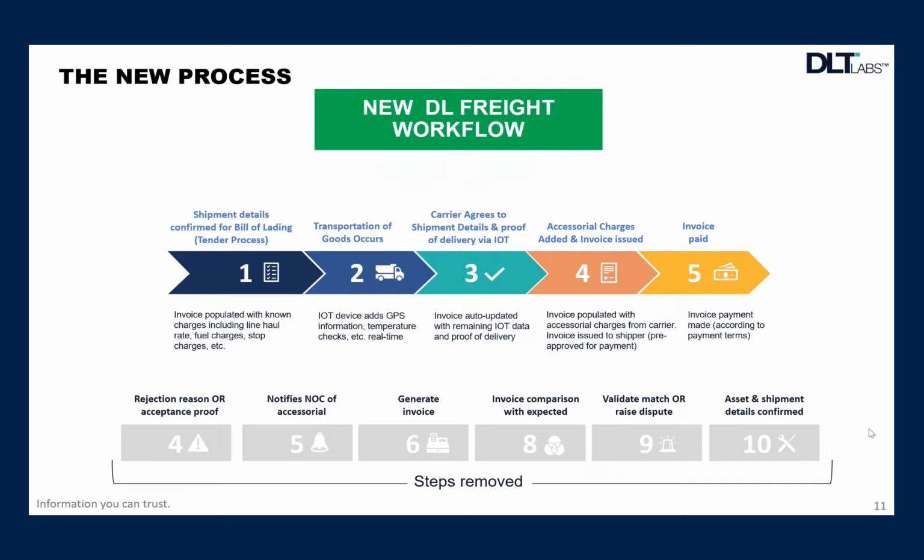So all of this information throughout the steps is visible, whether it's the original contract rates and agreement between the two parties, visible on the platform, to the detailed tender information, visible on the platform. IoT data coming in and indicating that Walmart should be expecting a 2-hour wait charge for this shipment, and then the corresponding 2-hour charge from the carrier, all visible to both parties.